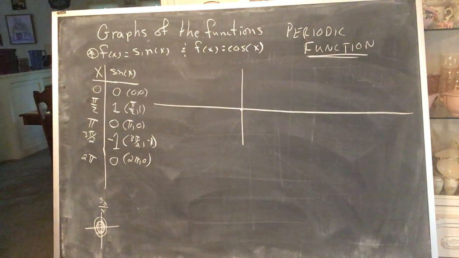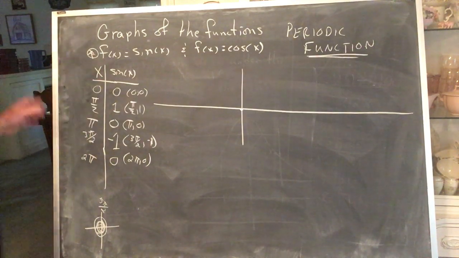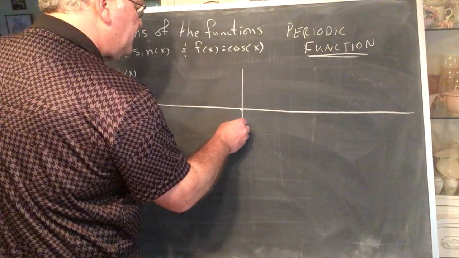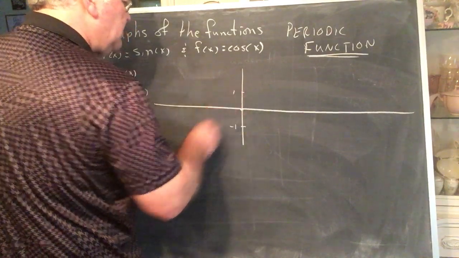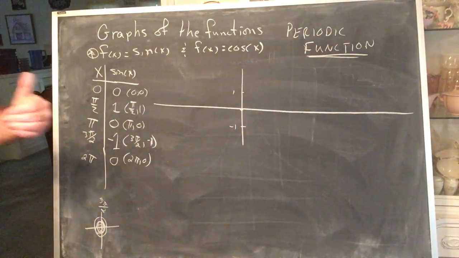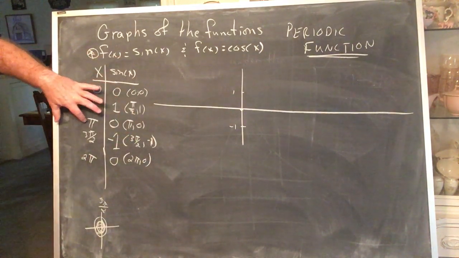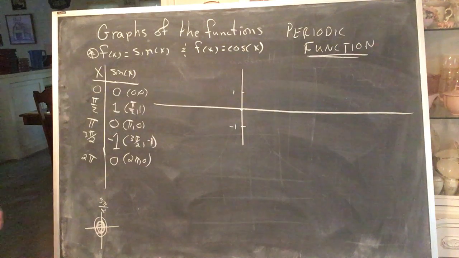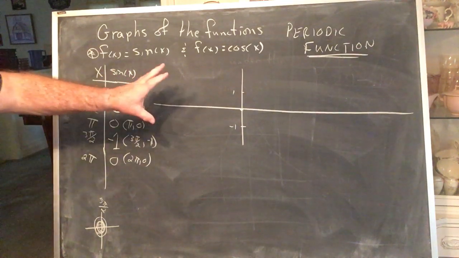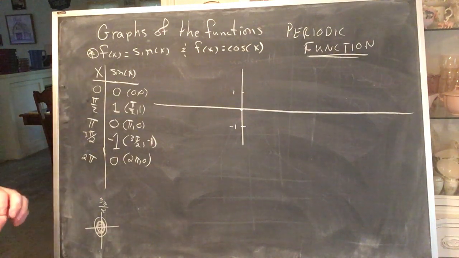But now I want to plot these points. Notice the y values are going to go from -1 to 1. So there's my -1, and here's +1. But it is convenient on the x-axis not to mark this out as 1, 2, 3, 4. It's more convenient to plot this out in multiples of pi. When you draw this, it is important that you draw it at least reasonably accurately to scale.